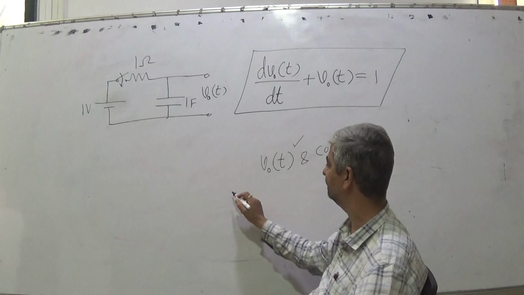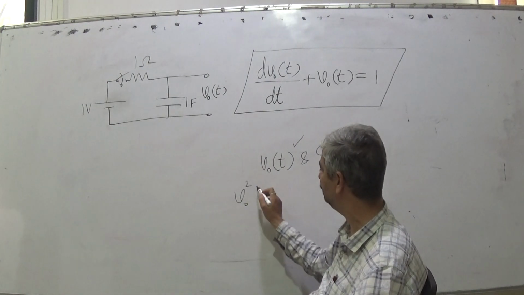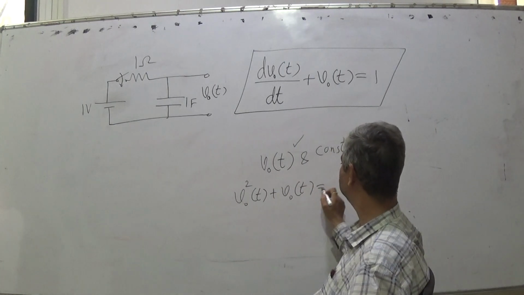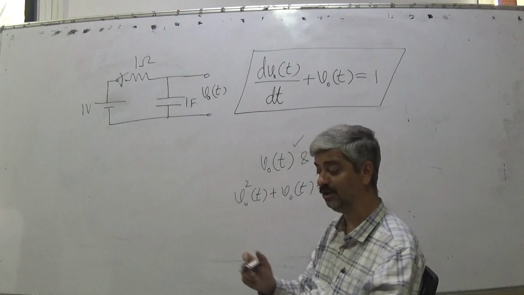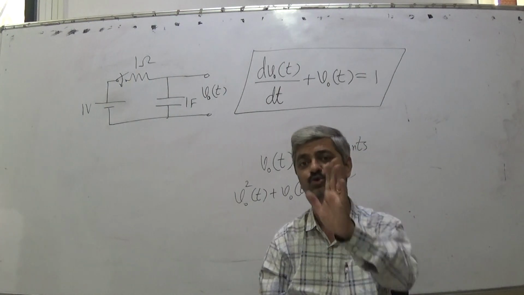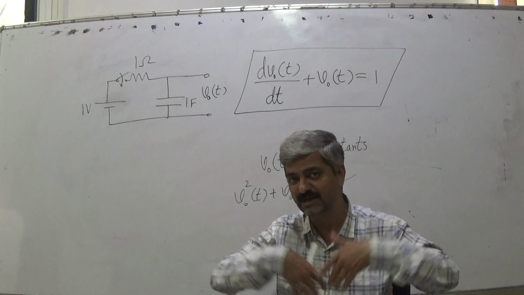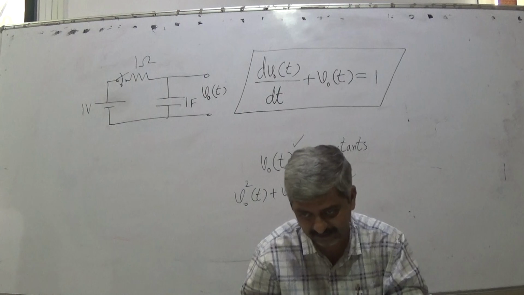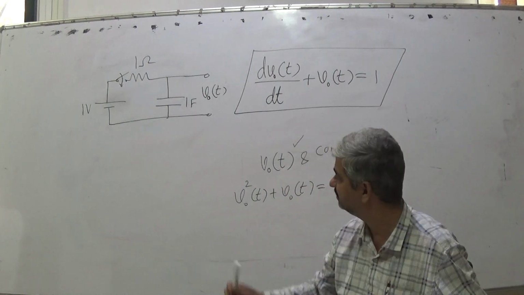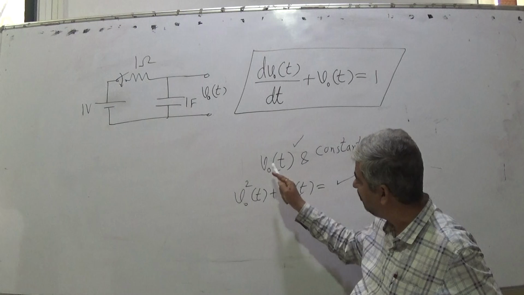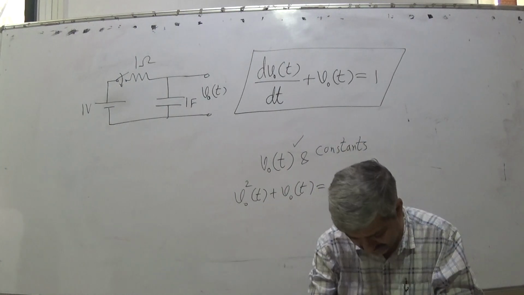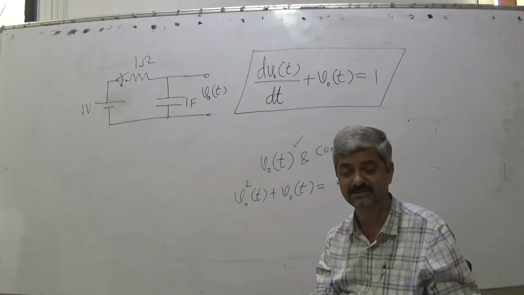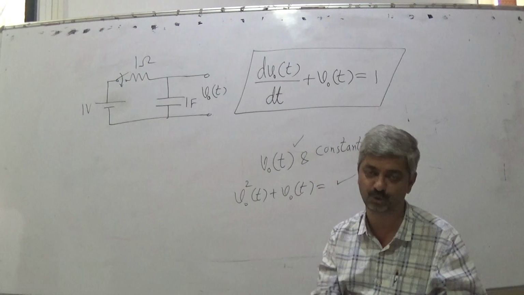Even if it is non-linear, even if we have an equation like v0 square of t plus v0(t) is equal to something, it also has fixed solutions, maybe two solutions in some cases, but not multiple solutions in that sense. So an equation which consists only of v0(t) and its powers has a fixed solution.